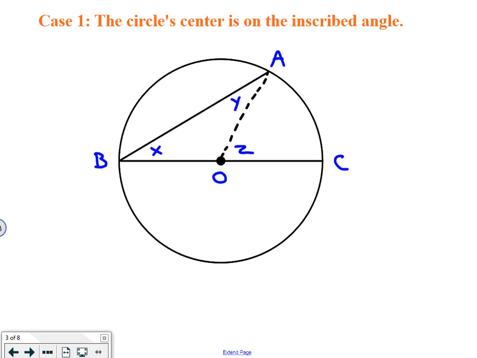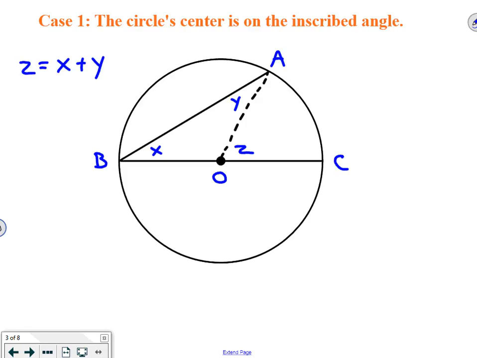So in our brainstorming, we are noticing that z is an exterior angle to triangle ABO. And we know the exterior angle theorem says that an exterior angle equals the sum of the two remote interior angles. So we're going to have z equals x plus y.